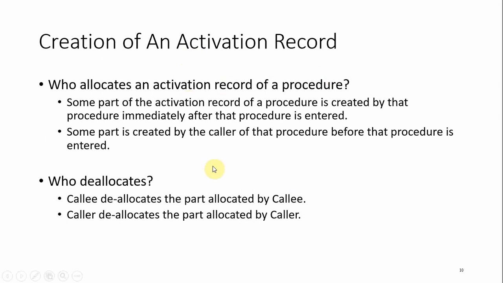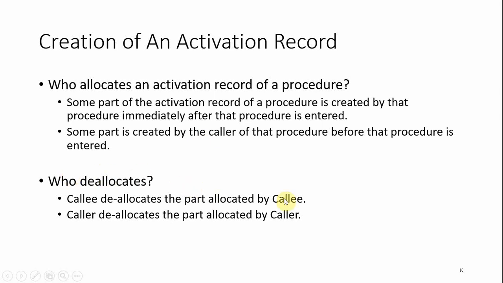In the creation of an activation record, the memory will be allocated partly by the calling function and partly by the called function. Some part of the activation record of a procedure is created by the procedure immediately when it is entered, and some part is created by the caller before the procedure is entered, by providing the input arguments and so on.